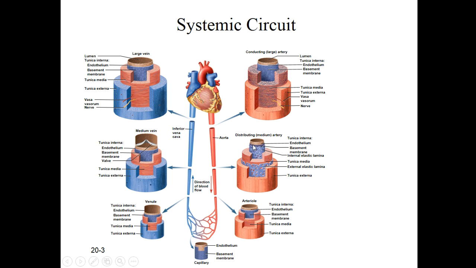Okay, the tunica interna looks like a toilet paper tube in this particular scheme. We can see the inner layer all by itself down here at the capillary, because the capillary is nothing but that innermost layer. Here's the phrase, the most important concept so far. Capillaries are the only blood vessels permeable enough to allow for gaseous and nutrient exchange.